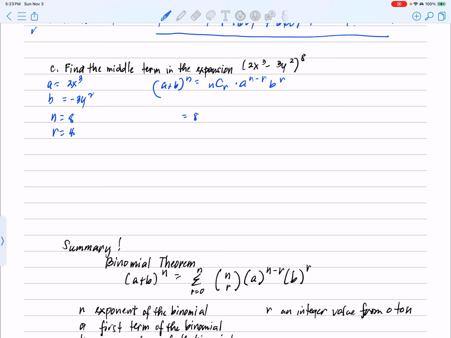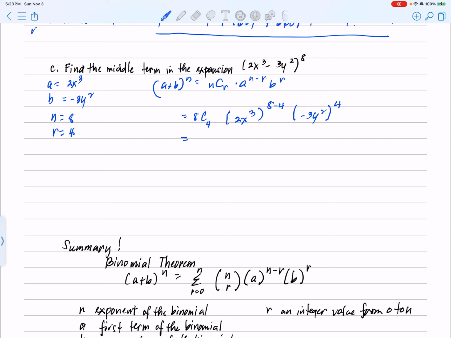So 8 choose 4 times, the first term, A is 2x cubed, to the power of 8 minus 4. And then the B is negative 3y squared, to the r, where r is 4.